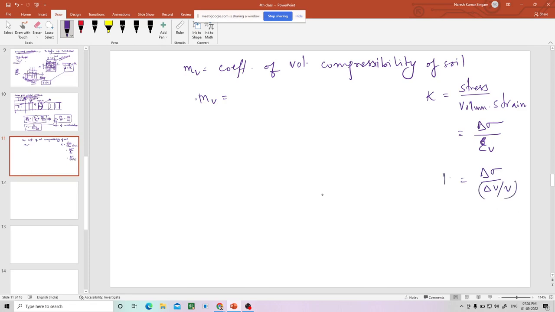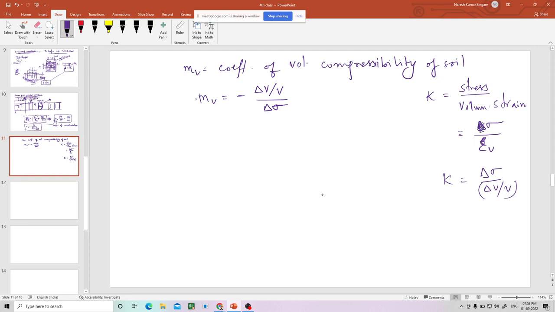This is the bulk modulus, whereas this is the inverse of bulk modulus. It is analogous, it is not equal to the inverse, but it is negative of it. Sorry, this is not an incremental stress.